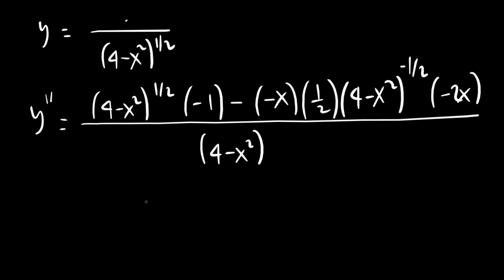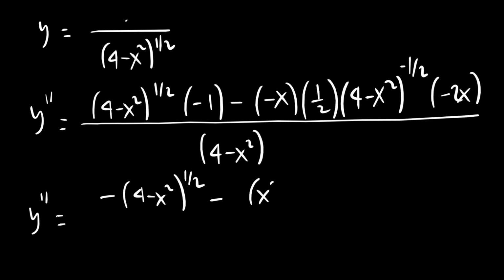So we have y double prime is equal to negative 4 minus x squared raised to the power of 1 half, so minus, negative x, so it's positive x squared. So we have positive x squared multiplied by, so this term here, this will be cancelled.